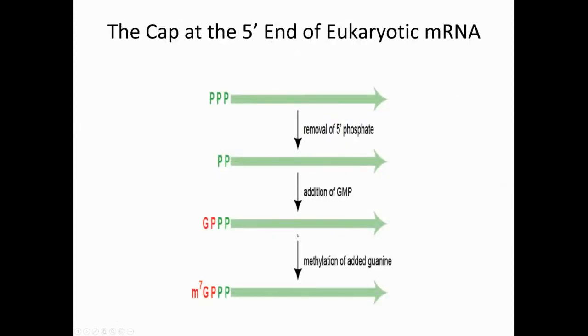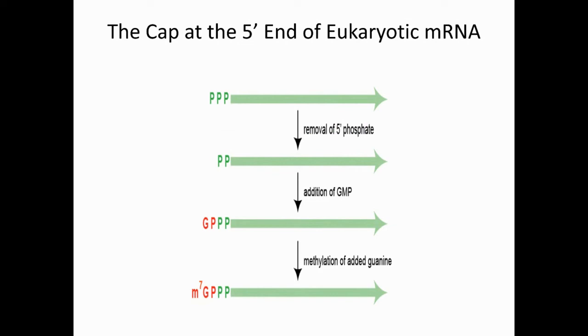So the 5' capping, first of all, occurs soon after the growing RNA emerges from RNA polymerase II, basically accomplishing three steps. First, RNA 5' triphosphatase catalyzes the removal of one phosphate from the triphosphate at the 5' end of the messenger RNA.